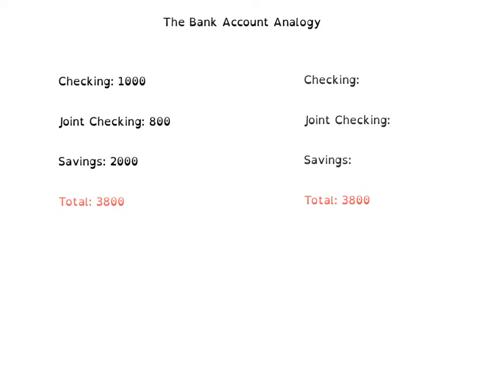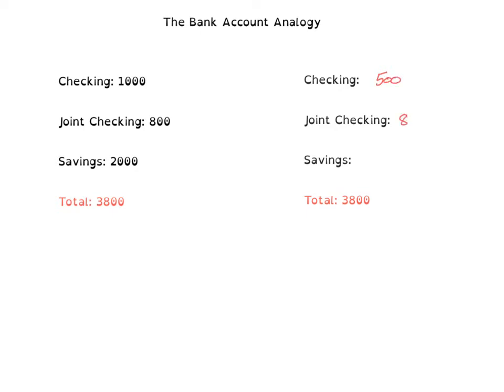Now, I can go into my online banking and I can move money between these accounts. So for example, let's say that I want to take $500 from my checking account and move it to my savings account. So what is that going to look like? Well, I'm going to have $500 then left in my checking.